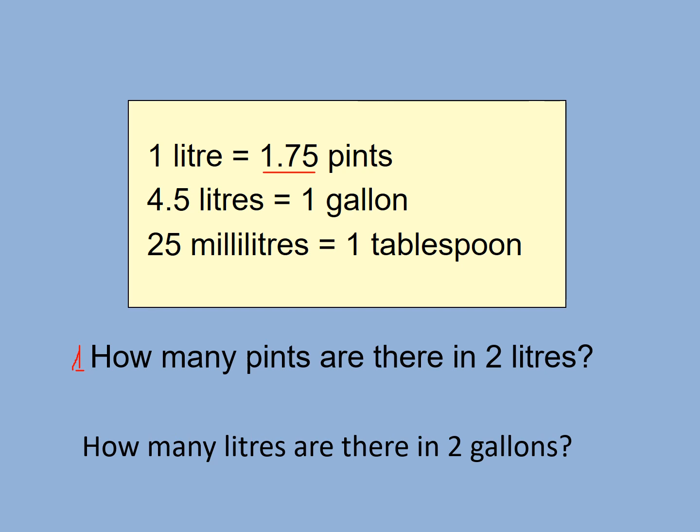We are going to either multiply or add to know how many pints there are in 2 liters. So if 1 liter equals 1.75 pints, how many will 2 liters be?